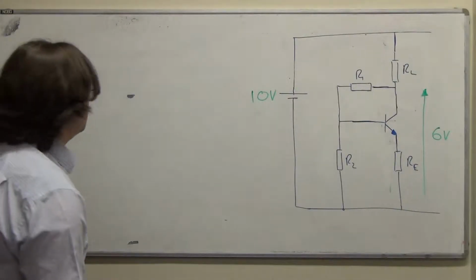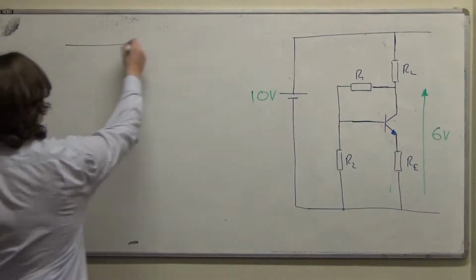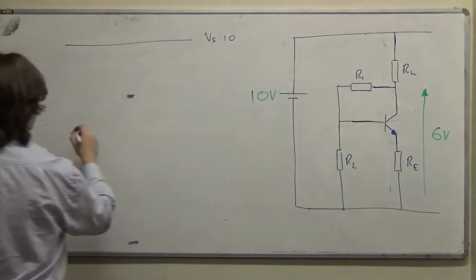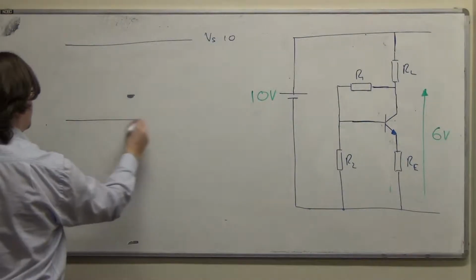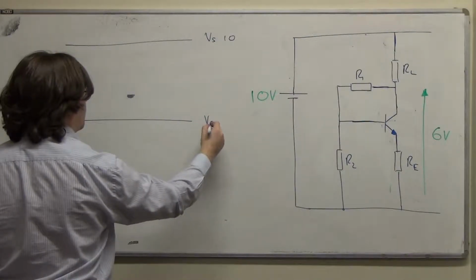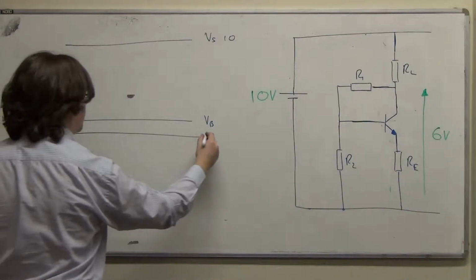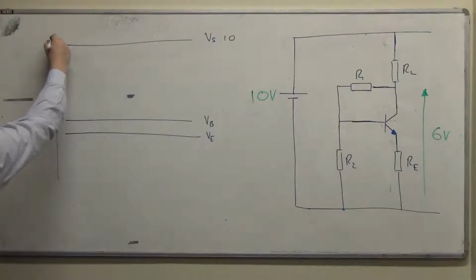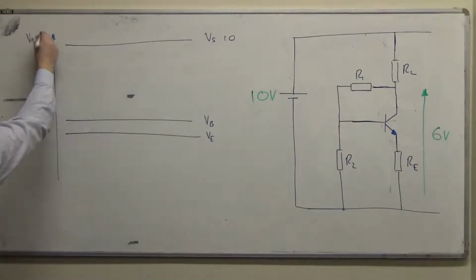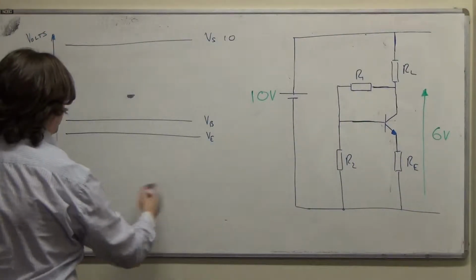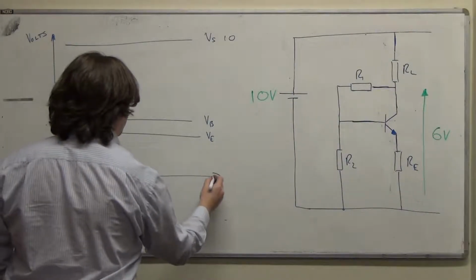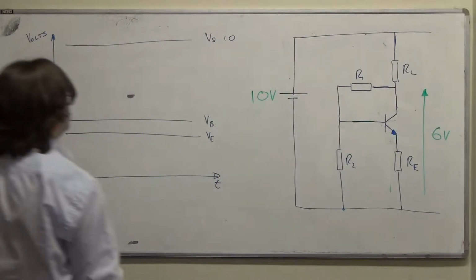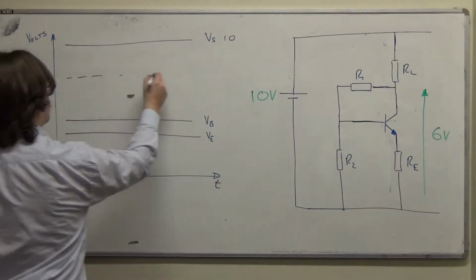And the reason we might want that is if we drew a diagram, we could say, well, this will be Vs, which is 10, and we'll have to have some Vb, and there'll be some Ve. And this is magnitude of voltage up this axis, so this is volts. And this is, well, we can make it time if you like. And what we'd be saying is we need to pick some quiescent conditions somewhere around here maybe.